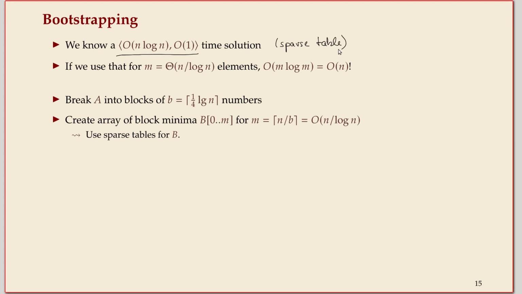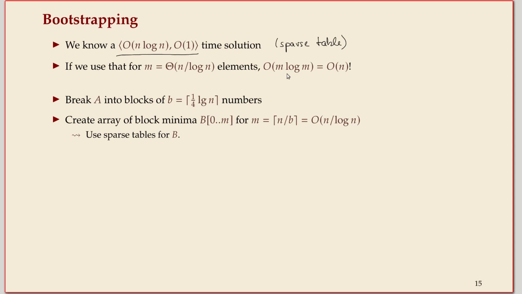Now a simple observation is, if our input was not of size n, but just ever so slightly smaller, just a logarithmic factor smaller, we can take m log m time, and it's still order n time, just because the division by log n and times log m just cancels.